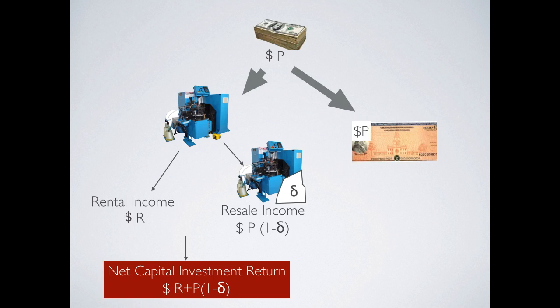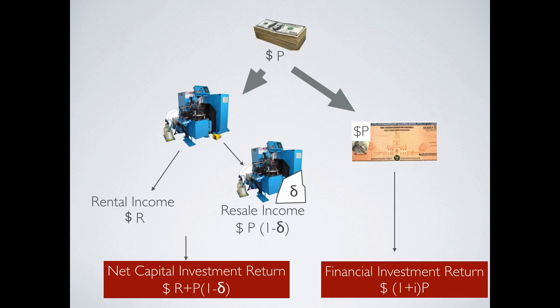If you lend P dollars, then given the interest rate I, tomorrow you would be able to take back 1 plus I times P dollars. So a household who has P dollars to save has to balance between these two types of investment choices. The way he balances it is by looking at the investment return between these two options.